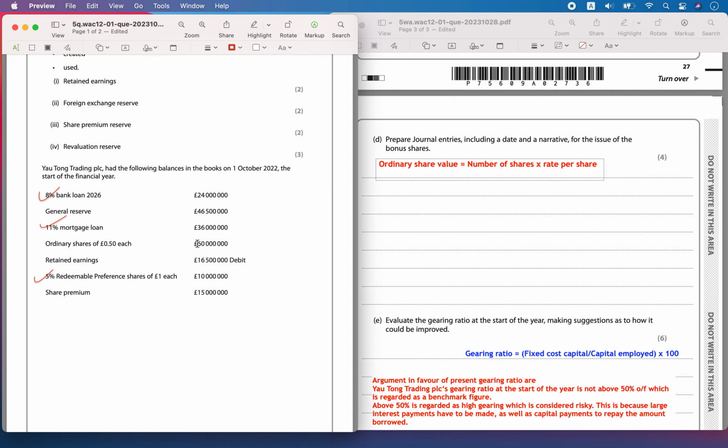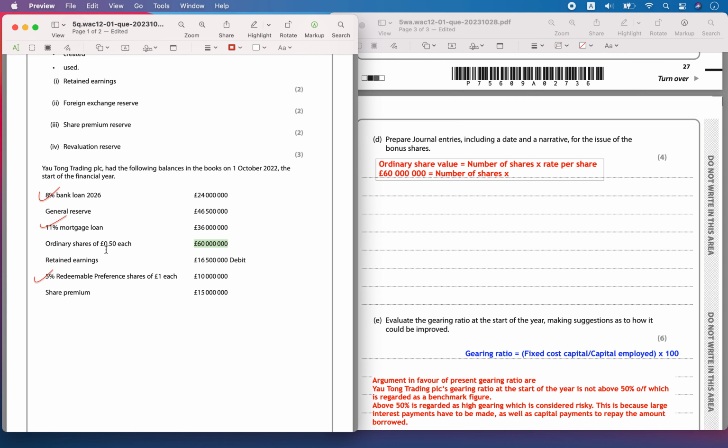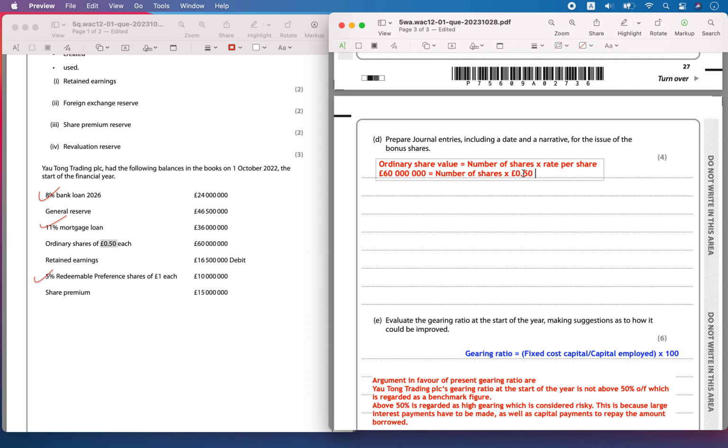So now we know that the value is around 60 million. Let's write it here. The value is 60 million. Number of shares we don't know, but we know the rate per share, that is equal to 0.5 pounds each. So we can calculate the number of shares.